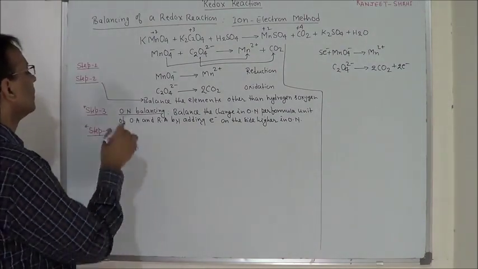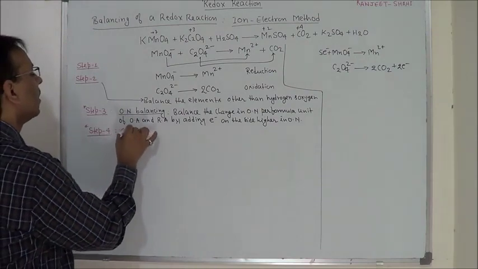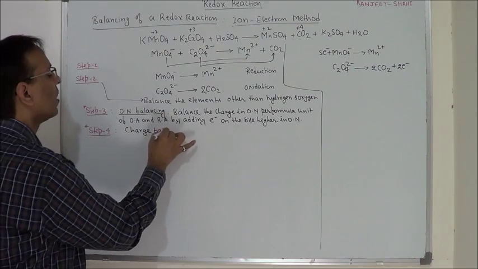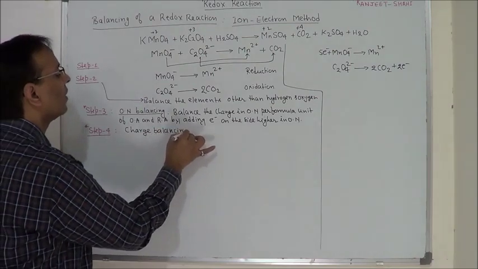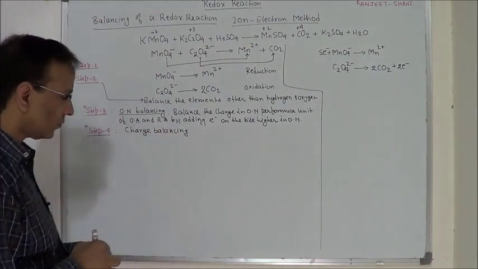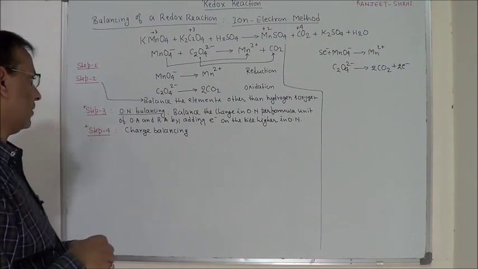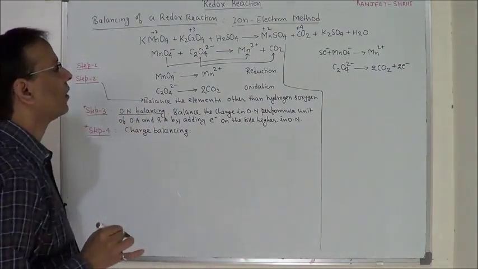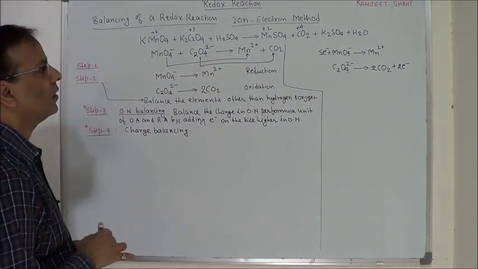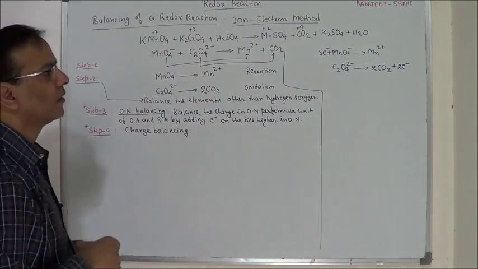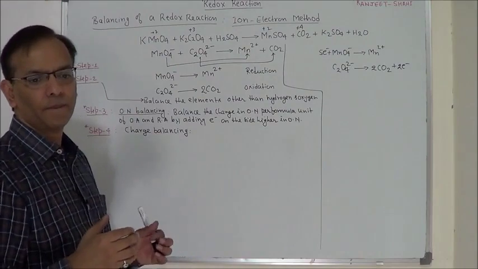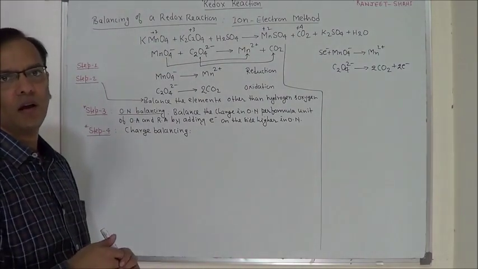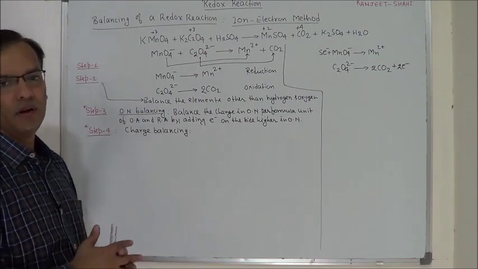This is called charge balancing. The two half reactions must have balanced charge, meaning charge must be equal on the two sides of the reaction.